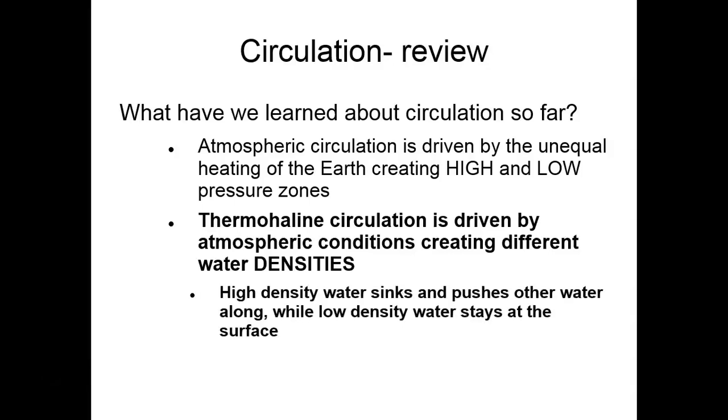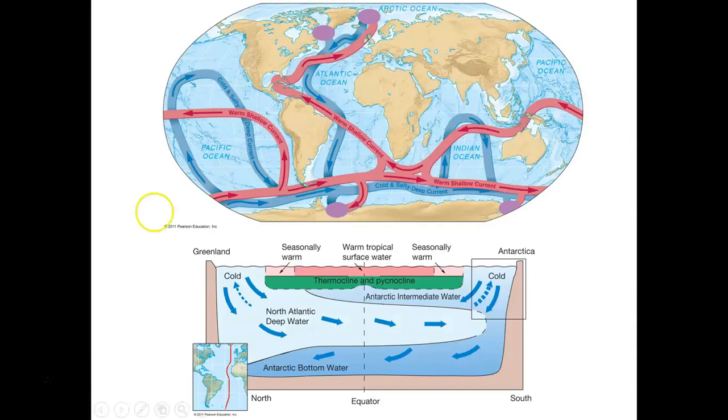High density water sinks and pushes other water along, while low density water stays at the surface. So we have this ocean conveyor belt that gets created, basically driven by cold, dense water being formed near Antarctica and around Greenland, and sinking down and pushing other water along.